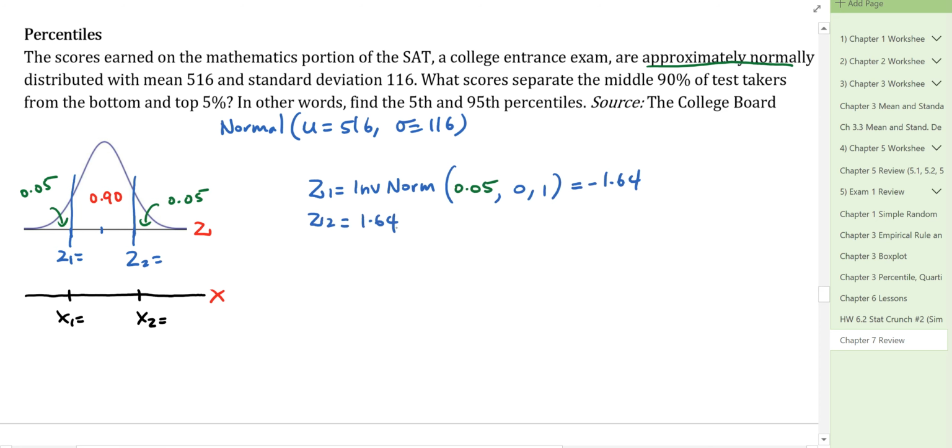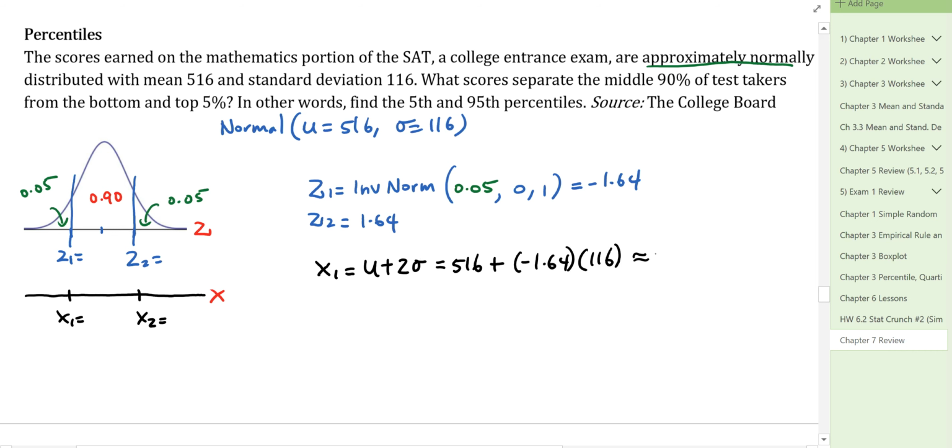Now, I'm going to convert that Z to X. So for X1, remember X is equal to mu plus Z sigma. I recommend you watch the first video, which will teach you why this is the formula. So plug it in. My mu is 516, Z1 is negative 1.64, and sigma is 116.